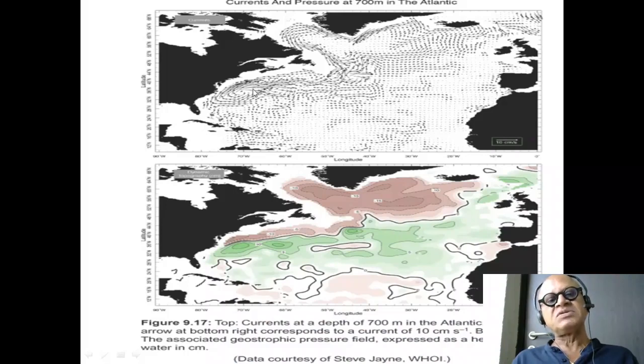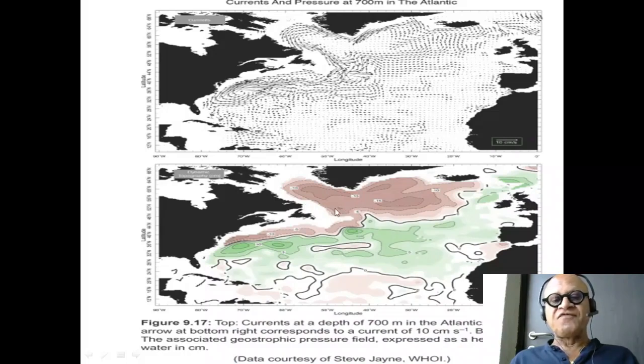This is the difference between the strong western boundary currents, which are deeper, whereas these are weaker and shallower. You also get western boundary currents to the north going in the opposite direction. This is going north, whereas these are going south.